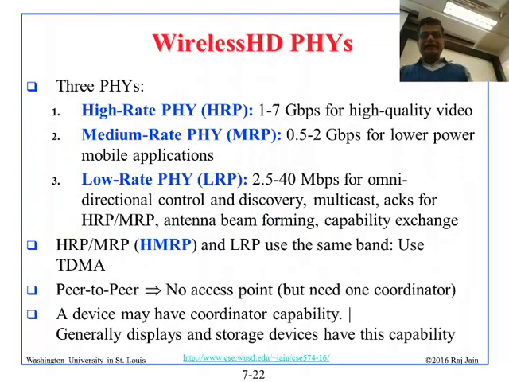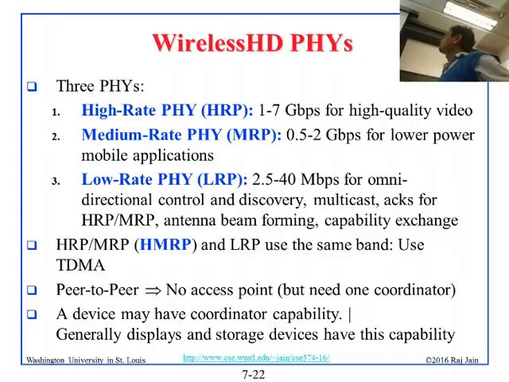So they have 3 PHYs: high rate, medium rate, and low rate. And the reason is exactly the cost. Because if everybody was designed for gigabits and they didn't need gigabit, the cost could be high. So they said, okay, all right, we will have some low cost station, medium cost station, and high cost station.